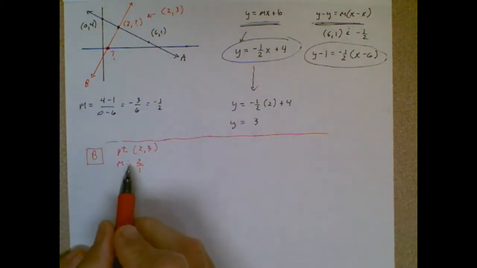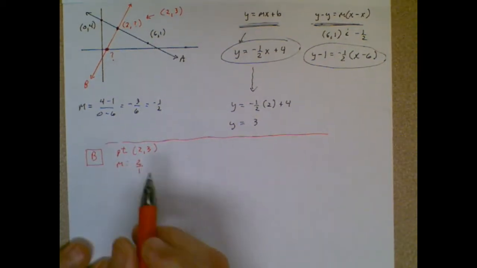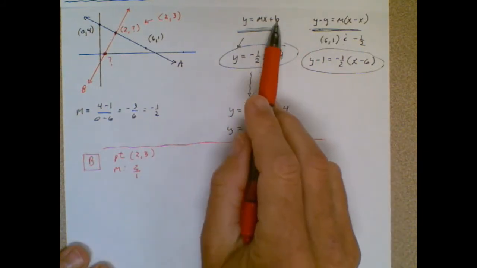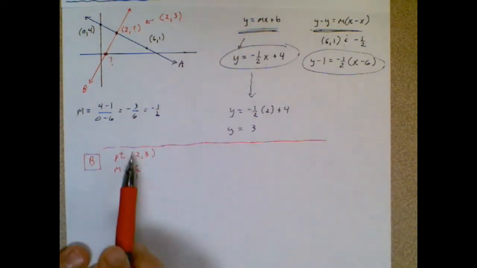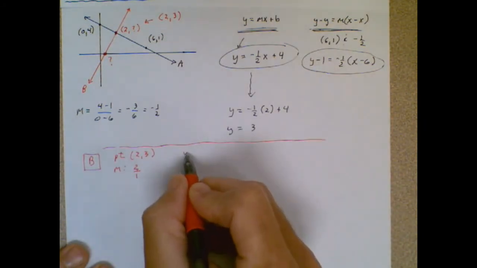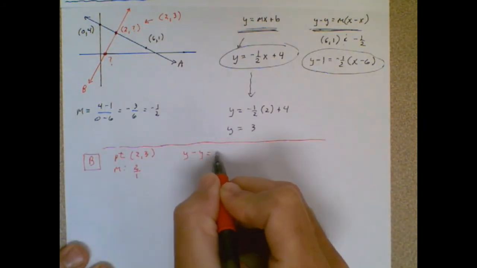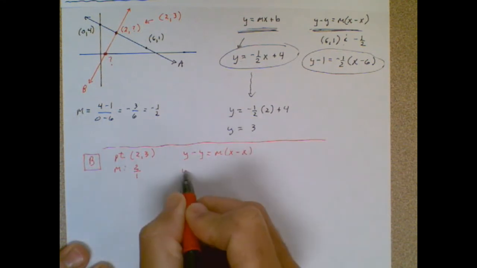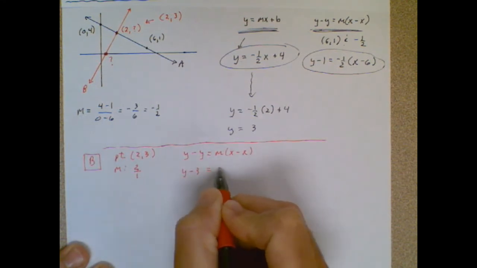Now we're in line B, and as I think about these two forms of the equation, this one requires that I have a y-intercept, but I don't have one, so I'm going to opt for point slope form. The habit I like is to always write that out first, so I can just right beneath it fill in the information.